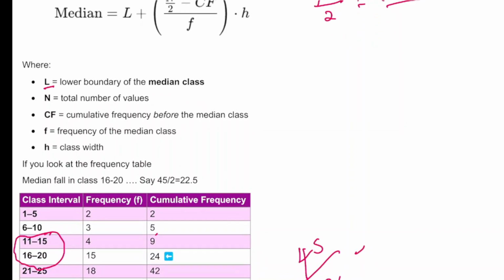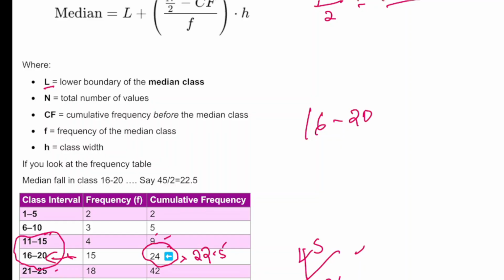If your figure is 22.5, then looking at the cumulative frequency, 22.5 is more than 9 and less than 24, the end of this class. So it falls here, in the class 16 to 20.